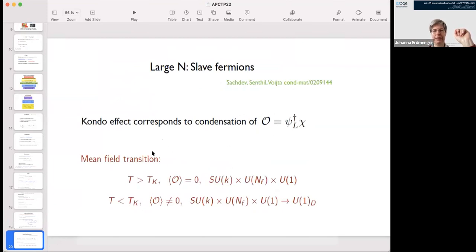It's a mean field transition. Let me be careful, because normally in 1+1 dimensions, or even in 0+1 dimensions as we have now at the defect, you cannot have phase transitions. However, that argument, the Mermin-Wagner theorem, does not apply when N is infinite.